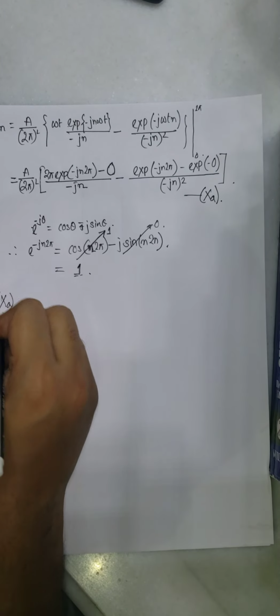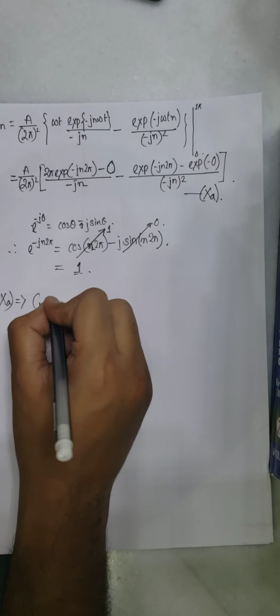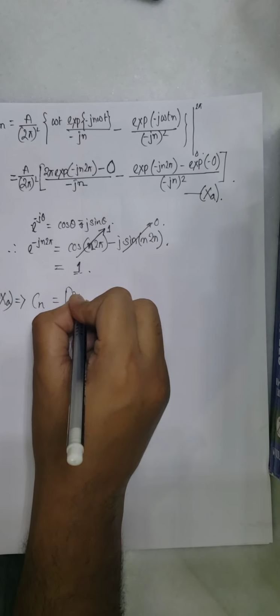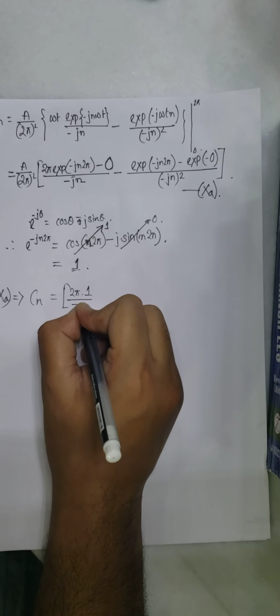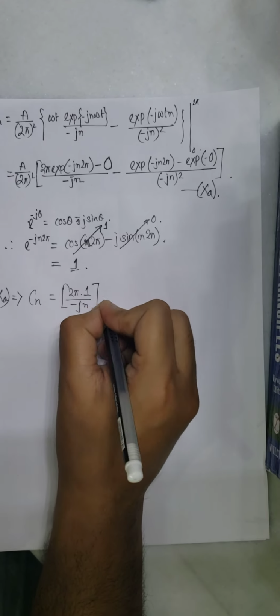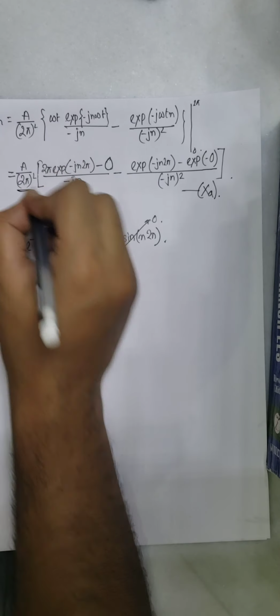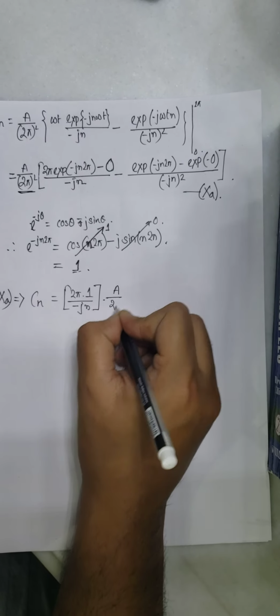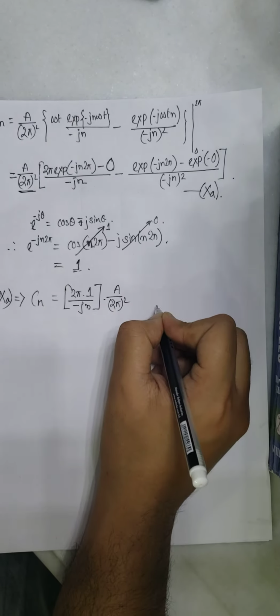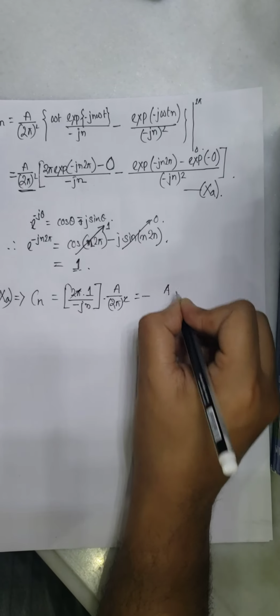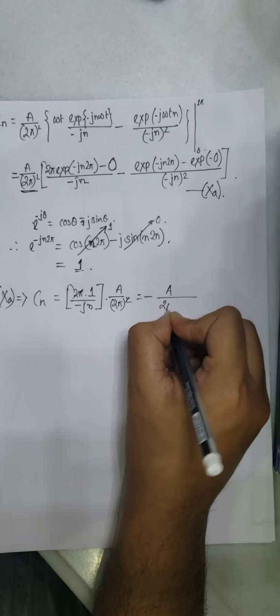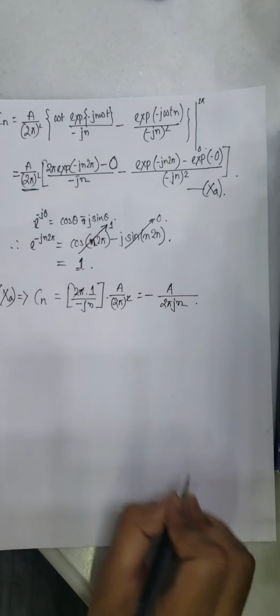So from xa we get Cn to be equal to 2 pi times 1 over minus jn times the period. Cancelling 2 pi, we get minus A over 2 pi jn.